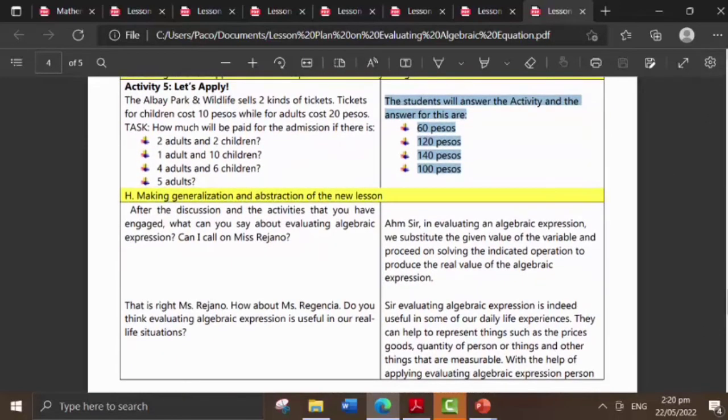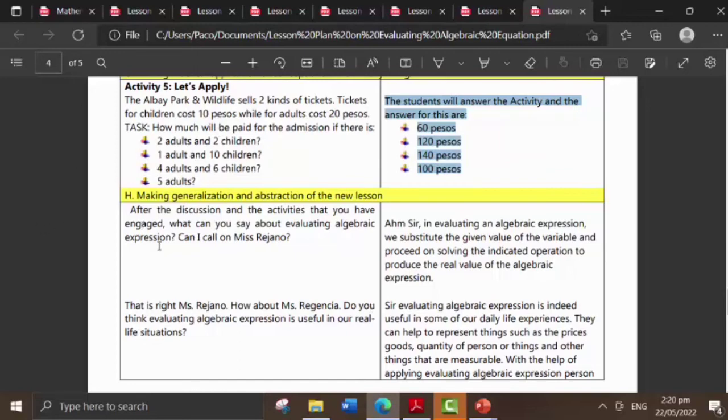After the series of activities, of course, before we end the lesson, we should always have the generalization and abstraction of our lesson for today to make sure they have clearly understood the essence of the topic.